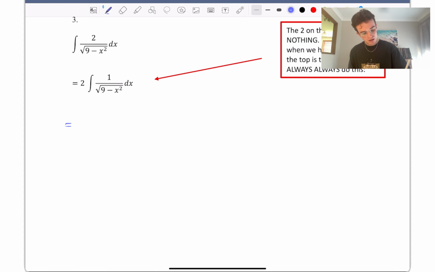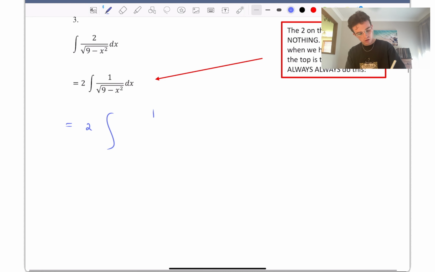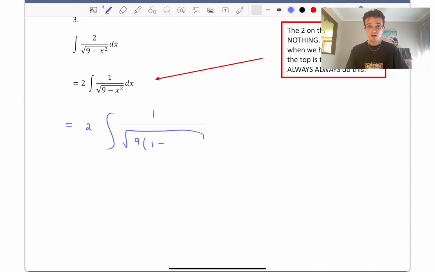So let's say this is 2 times the integral of 1 over, let's take out a factor of 9 from the thing on the bottom, the square root of 9 times 1 minus, now if we take out a factor of 9 from just x squared, it has to be x squared on 9.